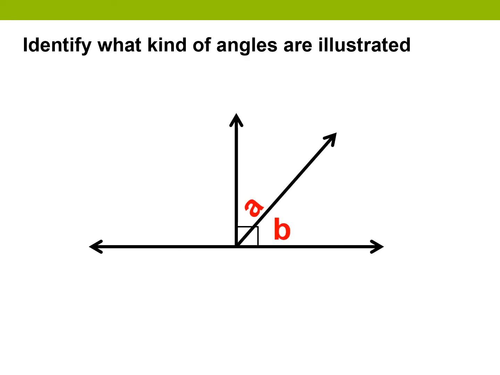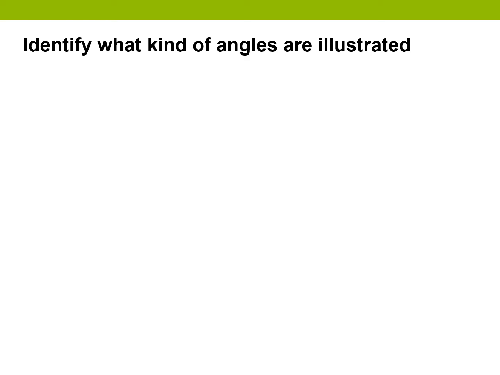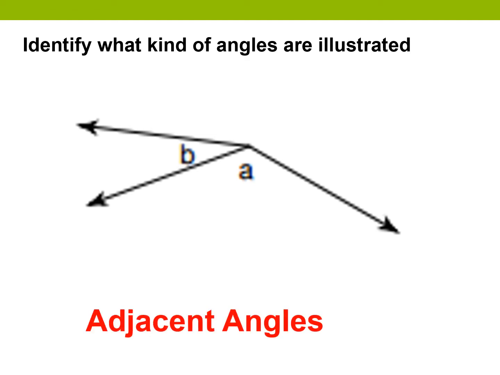The next one, we consider angle A and angle B. They are complementary angles because they form a right angle. Next, how about this one? Okay, so what do you think? They are adjacent angles. They have a common vertex and a common ray.